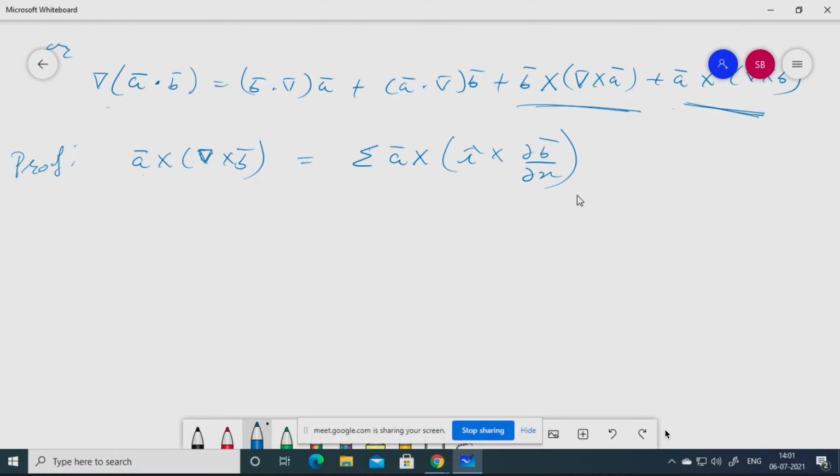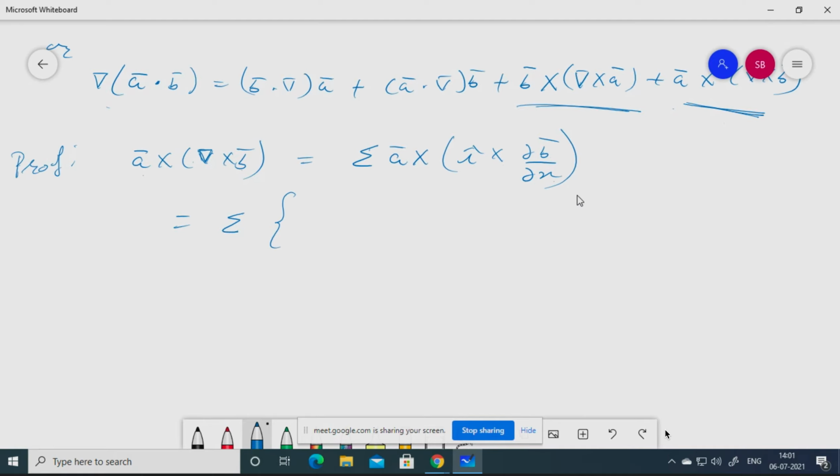Yes, ma'am. Similarly, you will have two more terms if you remove this summation sign. Now again I will apply the formula here with a summation sign. Now here you have two vectors, I cross dou B bar by dou X is also a vector. I is also a vector, and along with that you have A bar, again a cross product.